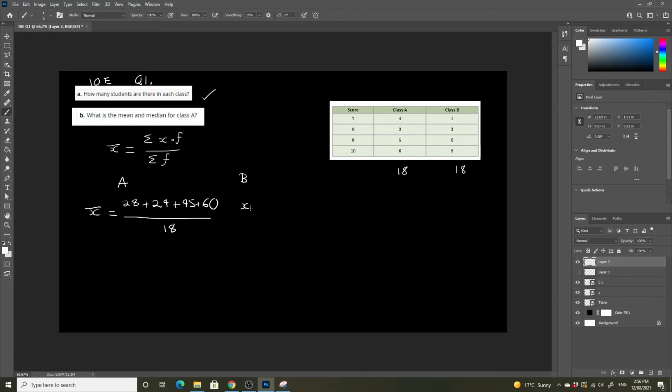And for class B, it's going to be equal to 7 plus 24 plus 54 plus 80 over 18. For each of these values, I'm multiplying the score by the frequency, and then I did the same for class B.